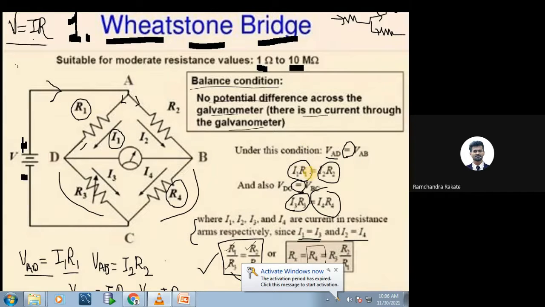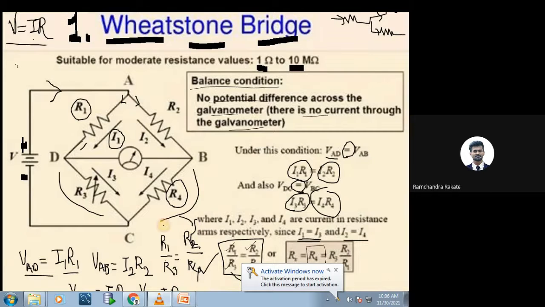But here they are saying R4 is unknown. That's why we have modified it. But for your convenience, you can keep only this in mind: R1 divided by R3 is equal to R2 divided by R4.